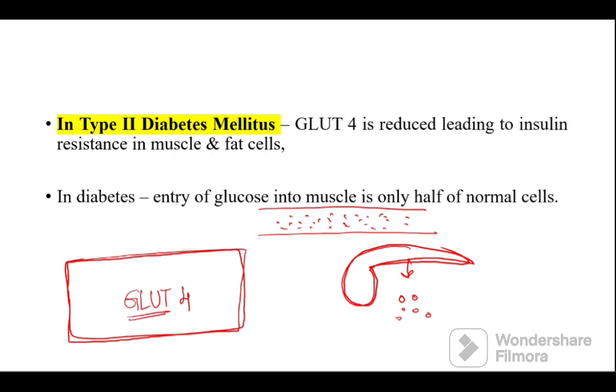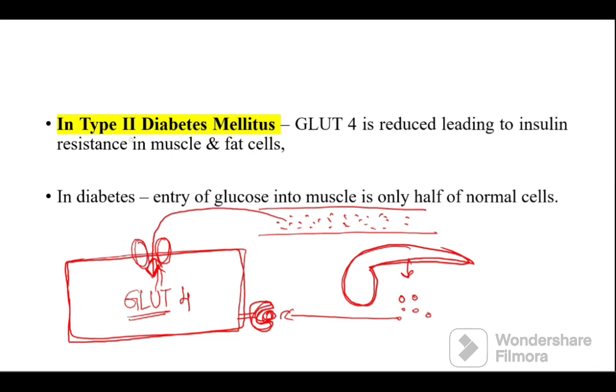Now this insulin will come and bind to the receptors that are present on the cell surface of these skeletal muscle and cardiac muscle. Because of binding of this insulin to these cell surface receptors, the GLUT4 will translocate, that is, it moves from the interior of the cell to the cell surface. So because of this translocation, the glucose will be absorbed by the skeletal muscle, cardiac muscle and adipose tissues.